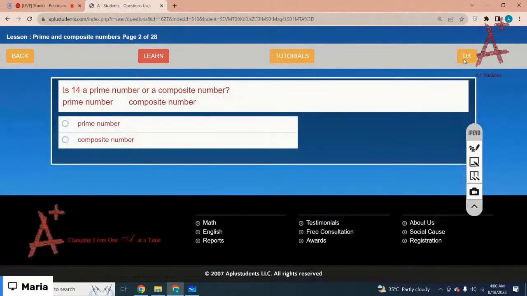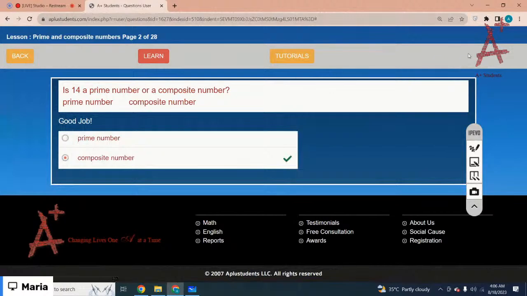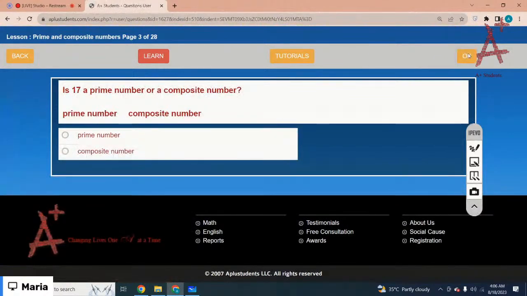Is 14 a prime number or a composite number? Which is the correct option? 2 times 7 is 14, right? That means you have more than 2 factors for 14. So 14 is a composite number. The correct option is that 14 is a composite number. Is 17 a prime number or a composite number?